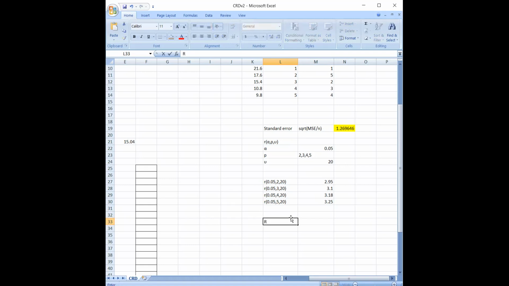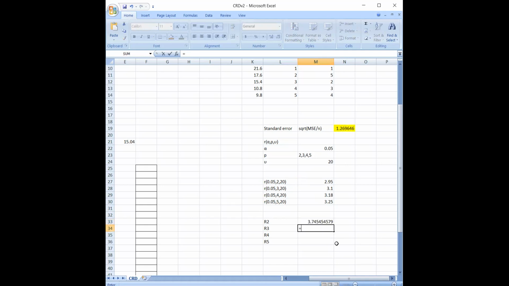The least significant ranges we denote by RP. In this case, P can go from 2 to 5, so we have R2, R3, R4, and R5. Let's calculate these least significant ranges. For R2, you take the table value when P is equal to 2 and multiply that by the standard error.